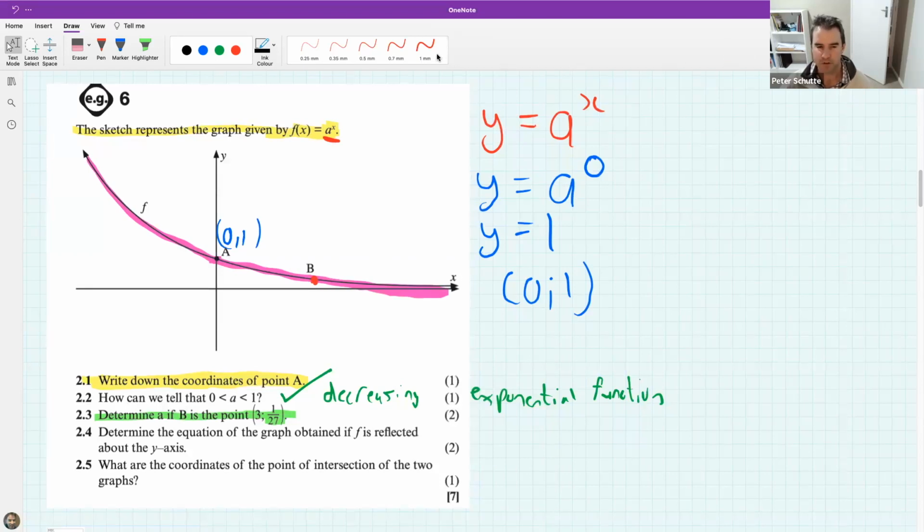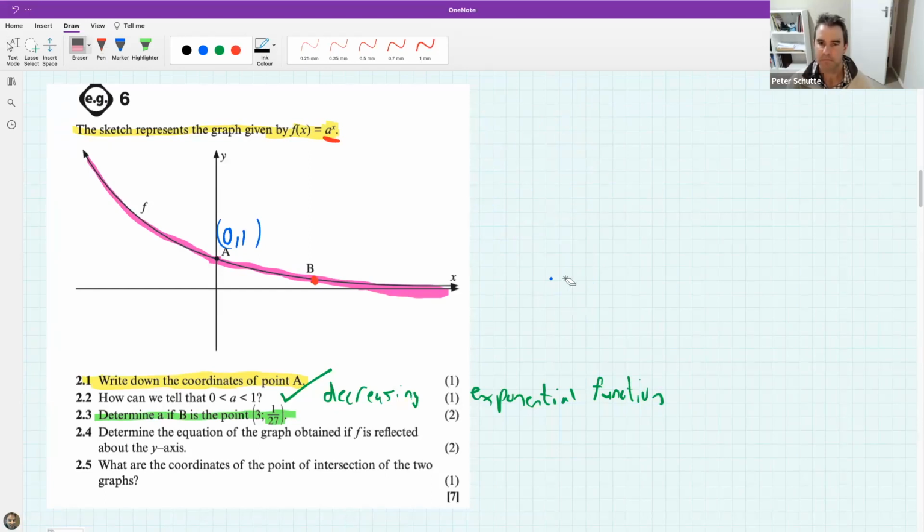What do you think my first step should be? Somebody pop it in the chat. What's our first step? How do I get going with this? Yeah, you sub in. Exactly. So I have this, and I have the point 3 and 1/27.